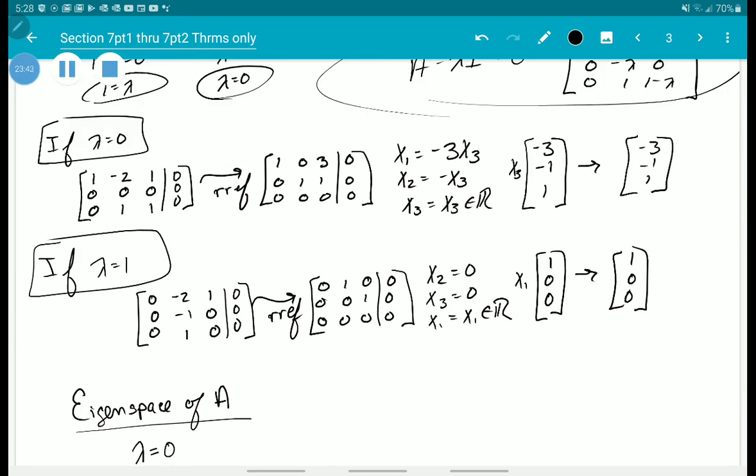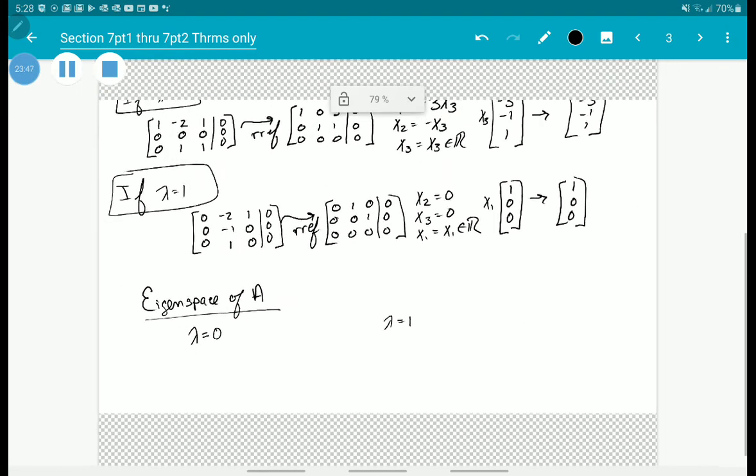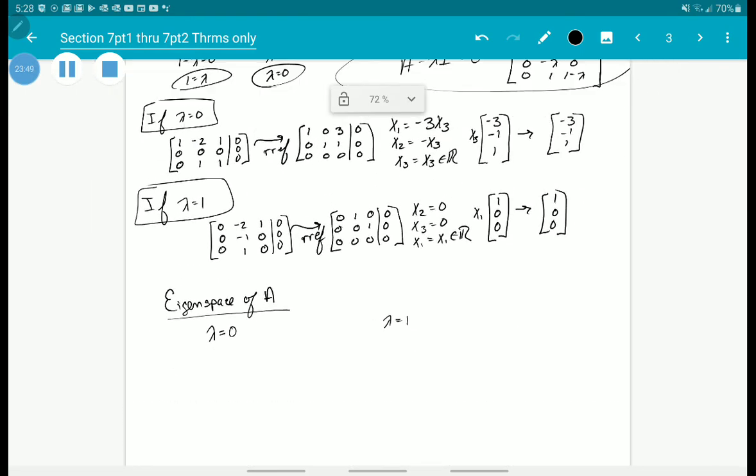We had an eigenvalue of 0 and we had an eigenvalue of 1. So when we talk about the eigenspace, it's the set of all vectors that satisfy Ax equals lambda x. So the eigenspace, I'll use this notation for 0, would consist of every vector that would satisfy this.